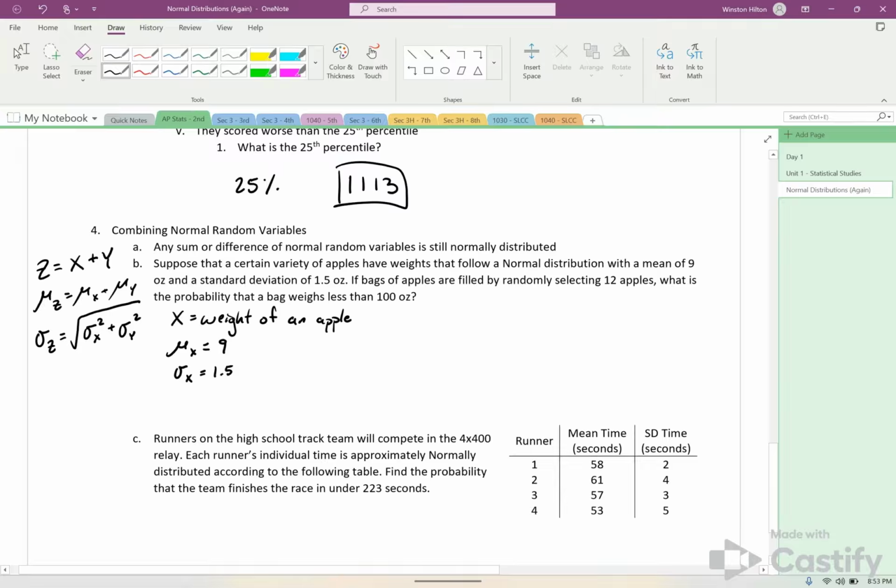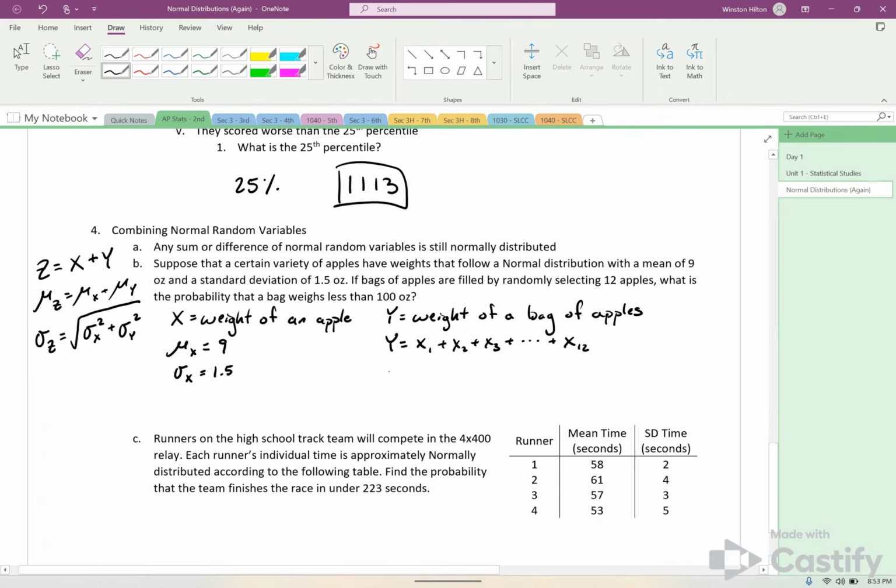Okay? Let's define y as the weight of a bag of apples. So y is going to be equal to x1 plus x2 plus x3 plus all the way up to x12, because we are putting 12 apples into a bag.